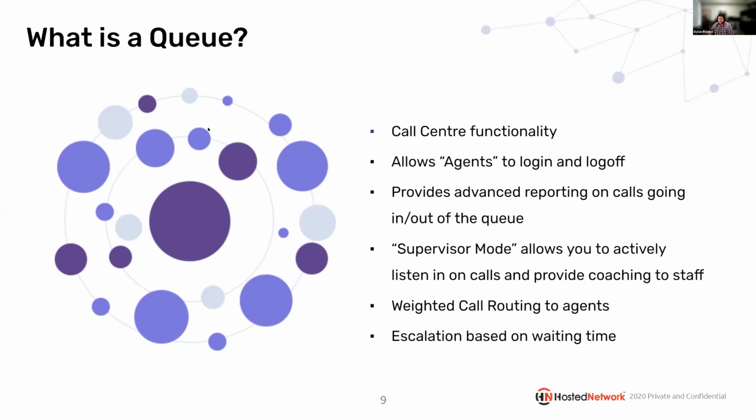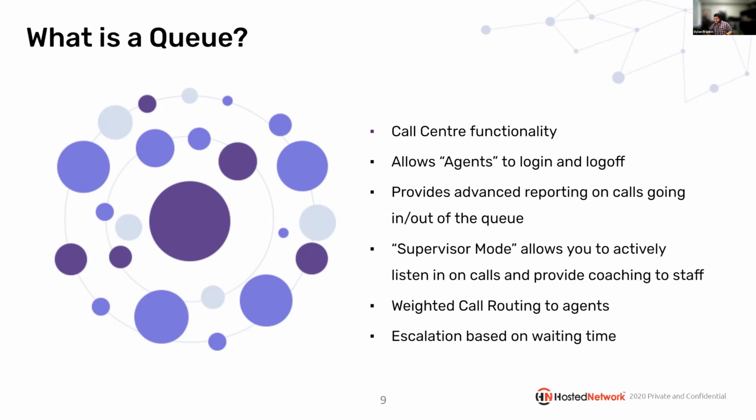The next one's your queue, which I touched on before, which provides your call center functionality where you can add extensions to the system, both internal and external sources. So you can add, say, a mobile number in there and allow them to receive calls. It also allows them to log in and out. One of the interesting features it provides is supervisor mode.